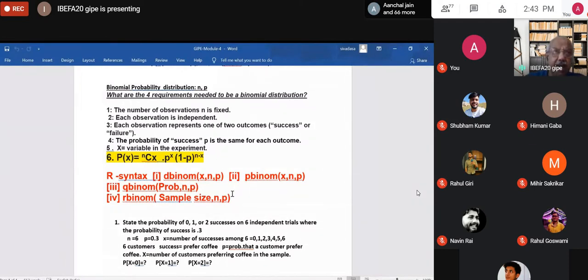Ten people are standing in a queue for a bus. Each one is binomial data. Either they will get the bus or they will miss it. So one parameter of binomial distribution is sample size n, small n.